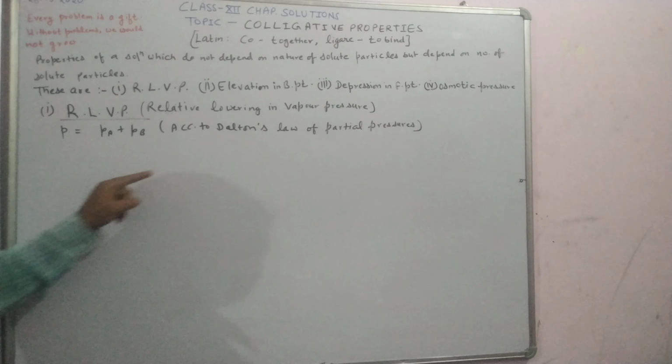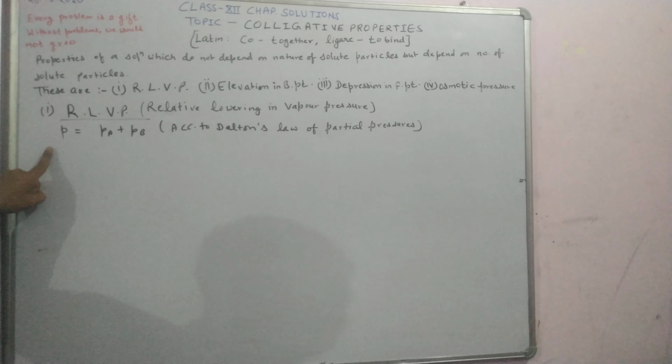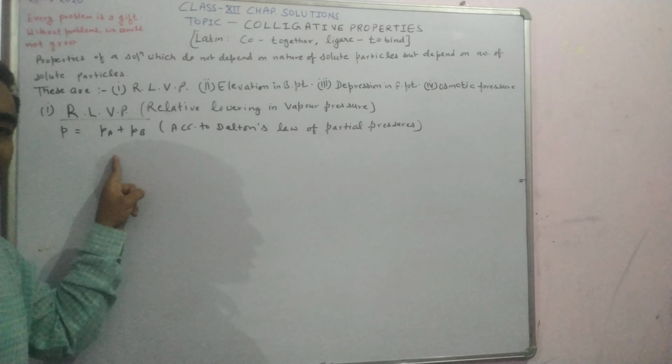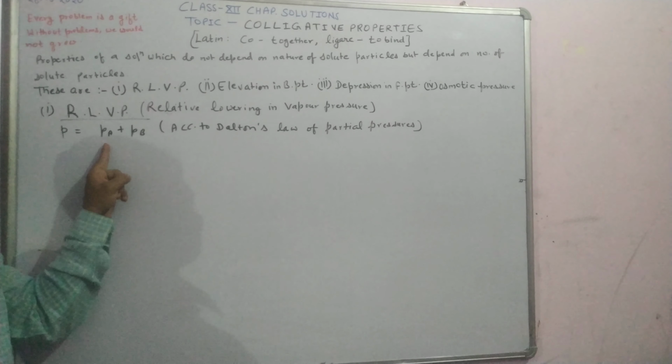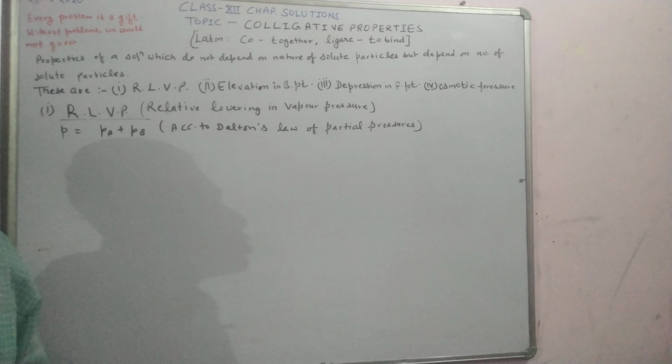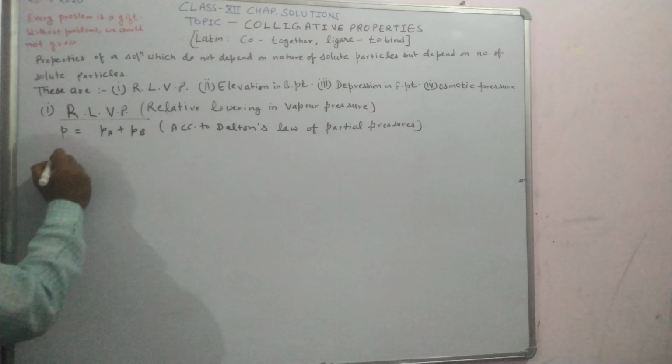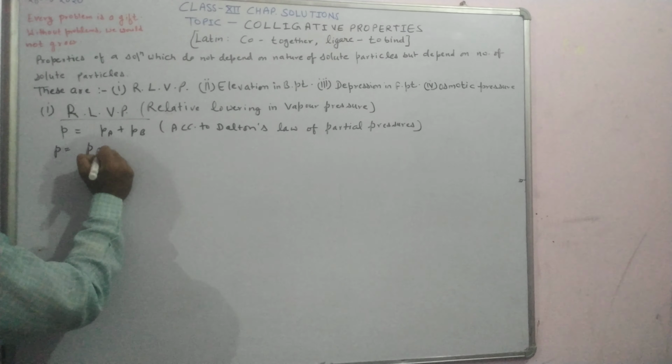So total pressure is equal to the partial pressure of all components, and we have two components, A is our solvent and B is our solute, but P will become equal to PA.